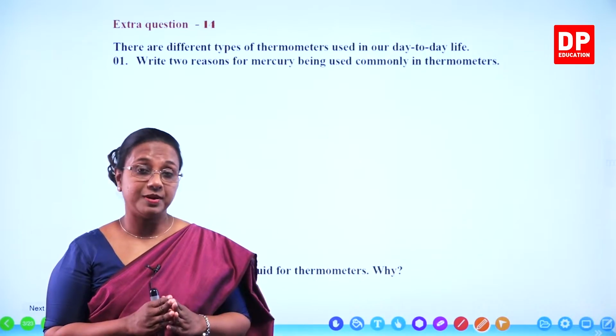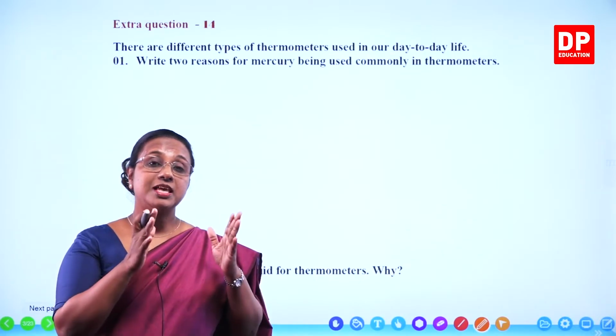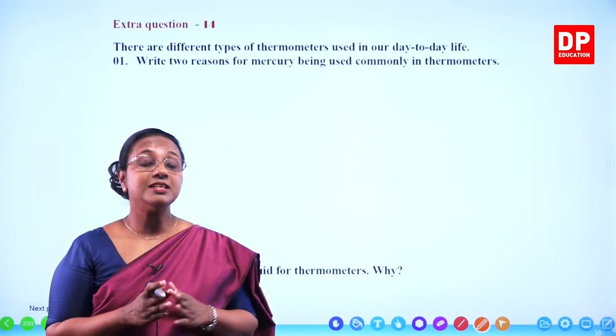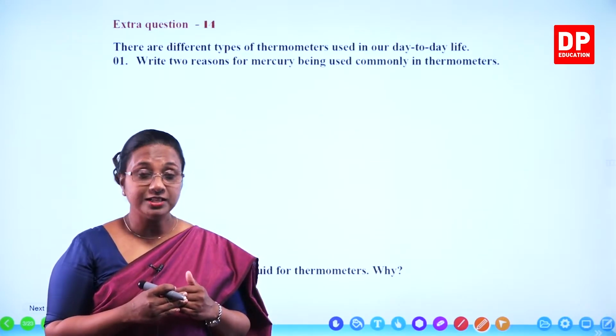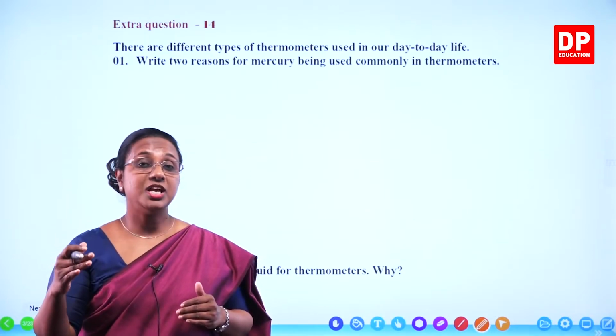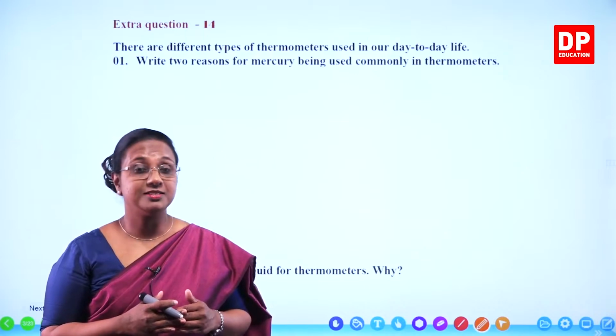range of temperature. So that means if there is a change in temperature, say between 10 degrees Celsius to 15 degrees Celsius, there will be an increase in the volume. That is same as if there is a change from 100 degrees Celsius to 105 degrees Celsius.